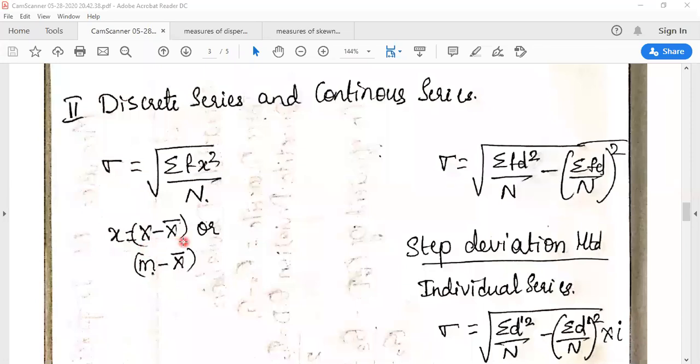So x minus x bar will be the deviations of the small x. That is discrete series. When it comes to continuous series, you will have class intervals to consider. So you cannot take the deviations from class intervals. So find the midpoint. So m minus x bar is nothing but midpoint minus x bar. Hope everybody is able to follow that.